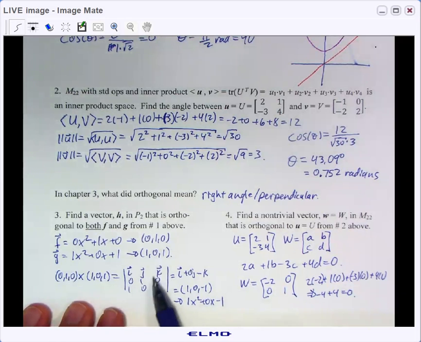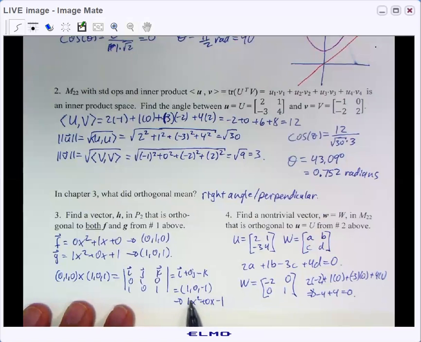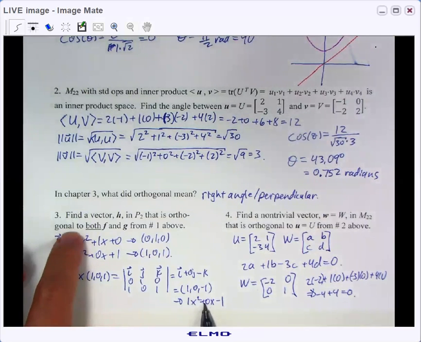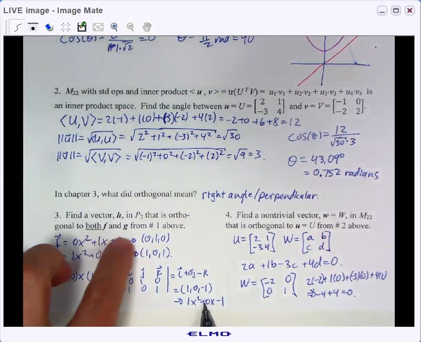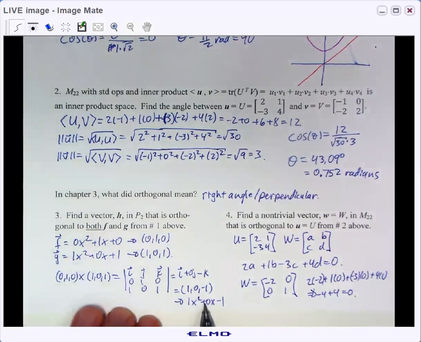So I did a quick cross product here, finding out that it'll be i plus 0j minus k, corresponding to the vector 1, 0, negative 1, which if we were to turn back into P2 would be 1x squared plus 0x minus 1. And you can quickly check that this is in fact, using our inner product, orthogonal to this one and to that one.